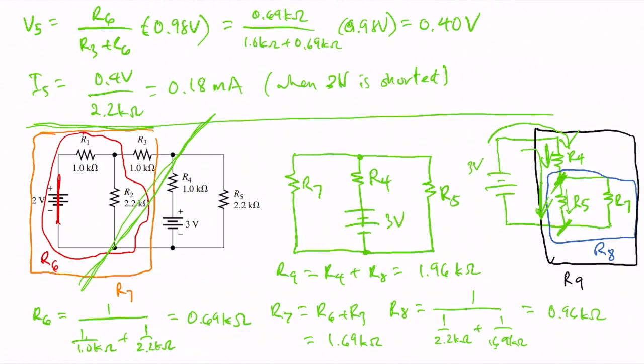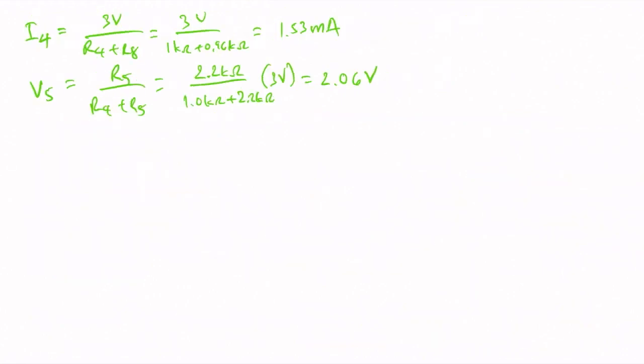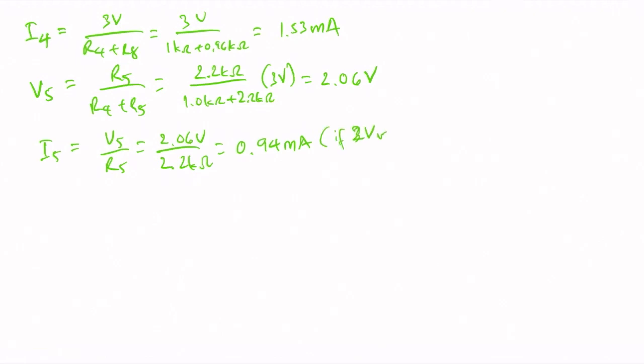So the voltage across this junction is 2.06 volts. And if we divide that by R5, it will give us I5. So V5 divided by R5, 2.06 volts divided by 2.2 kilo ohms, results in a current of 0.94 milliamperes. And that is if the 2 volt source was shorted.